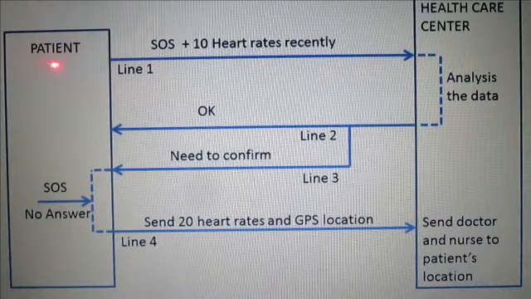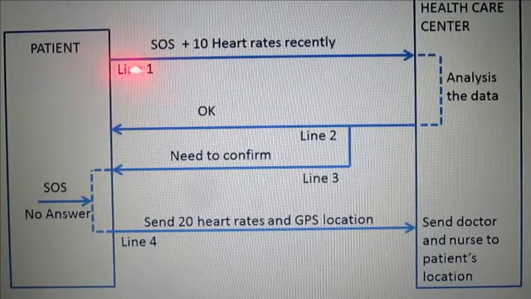How can the patient and the healthcare center interact with each other? We consider this is the patient, the device at the patient location, and this is the device at the healthcare center. When the patient has any abnormal heart rate, the device will automatically send an SMS including an SOS signal and 10 recent heart rates to the healthcare center.